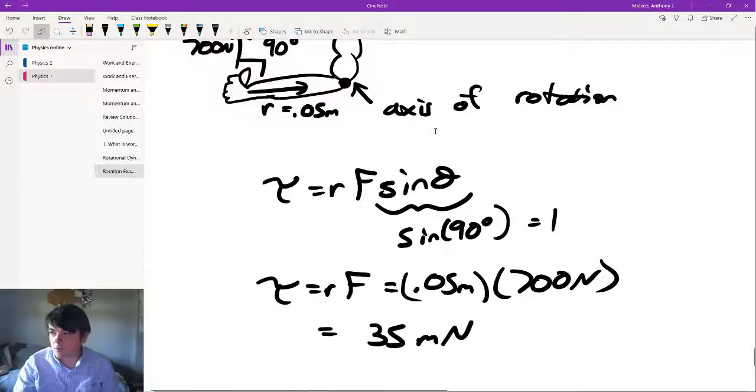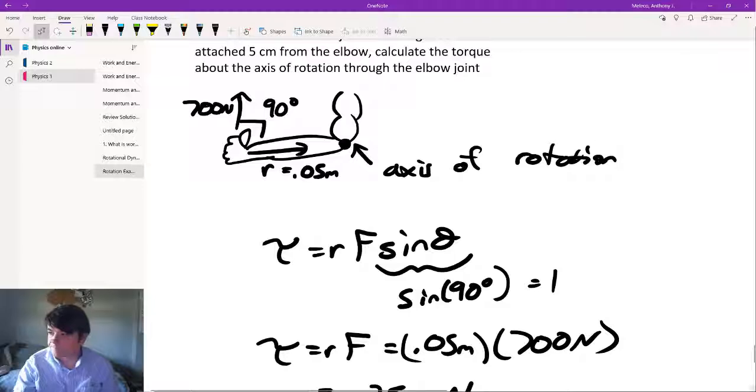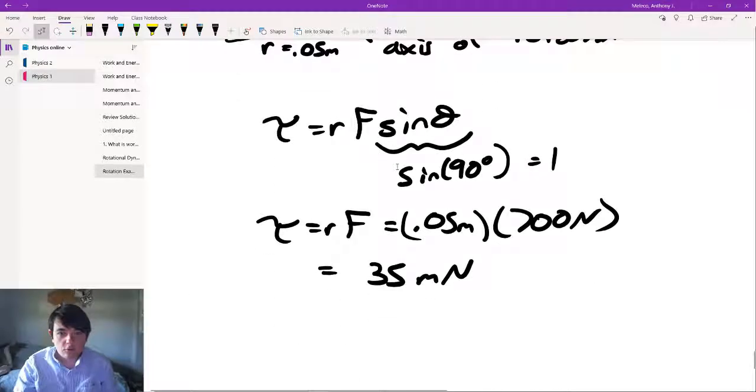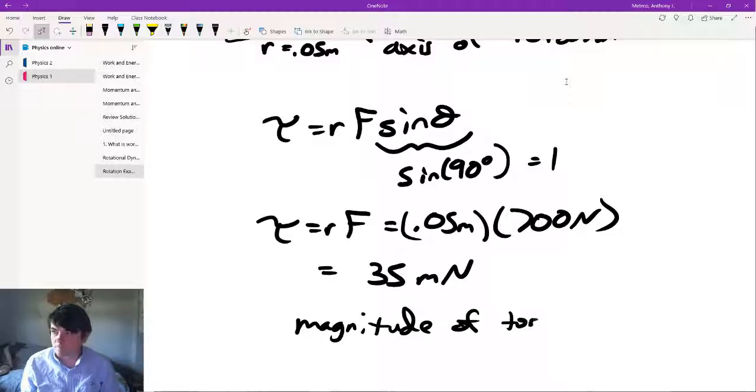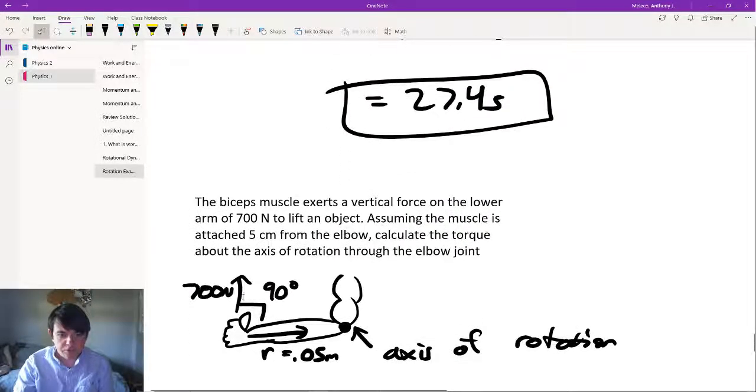This is just the magnitude of the torque. It doesn't really say in this particular instance what the direction is.